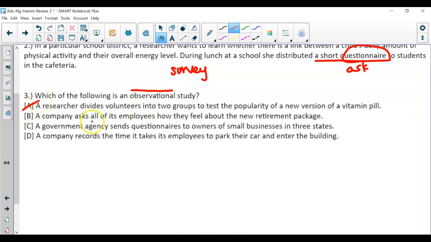A company asks all the volunteers how they feel. That is a survey, so nope. A government agency sends questionnaires. Again, a survey, asking. Nope. So let's check to see that D is an observational study. A company records the time it takes for people to park their car. That is why the answer is D. You are just recording, you are monitoring. That is an observational study.